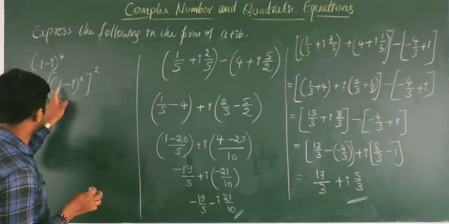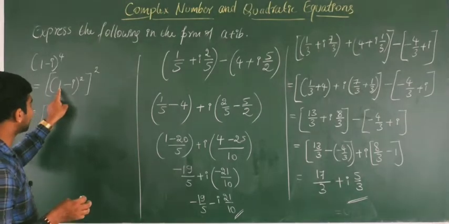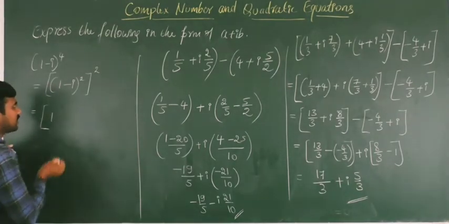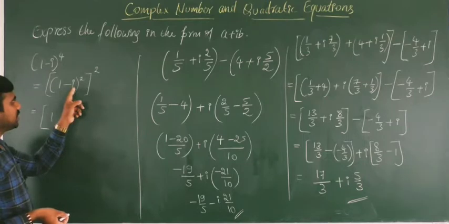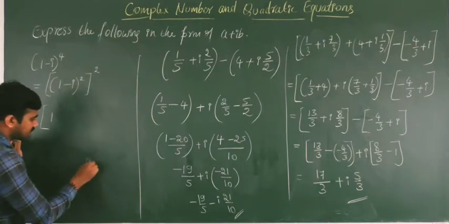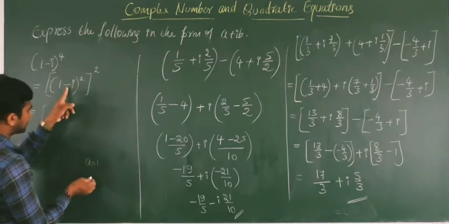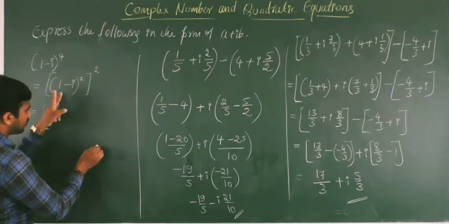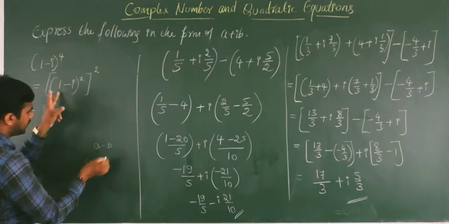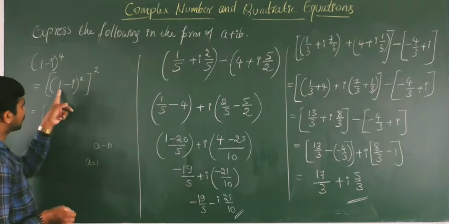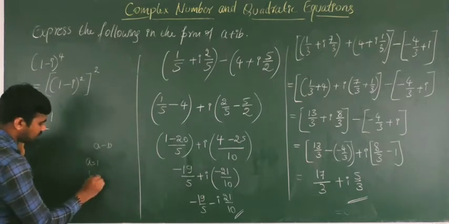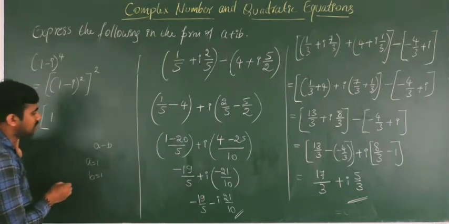So here a square is nothing but 1 square, that is 1. b square is nothing but, what is b? If you write this in the form a minus b, then a is nothing but 1, b is nothing but I. Understand?